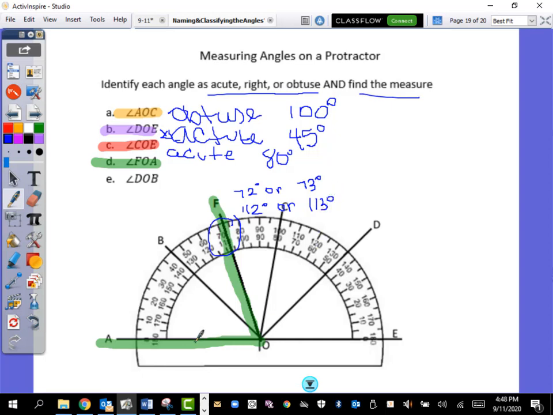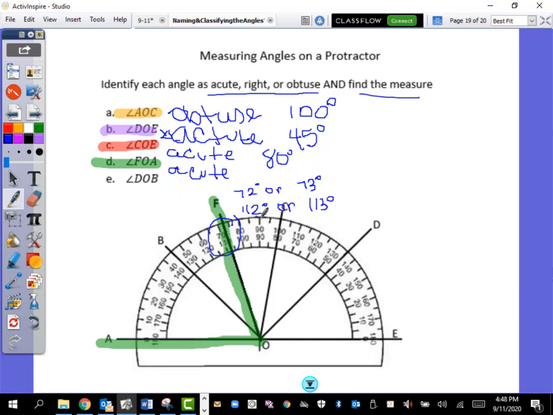But first classify the angle. Is this an acute, right, or an obtuse? This angle is an acute. So what is the measurement for acute? Less than 90. So which one is less than 90?